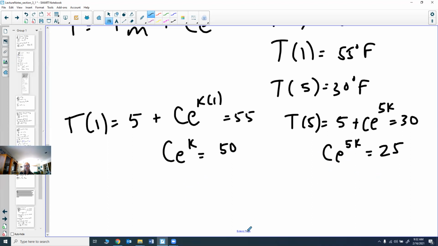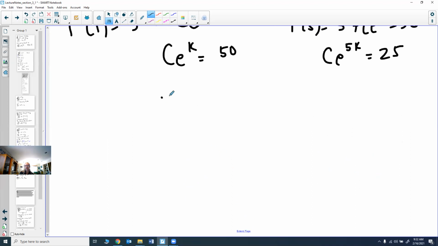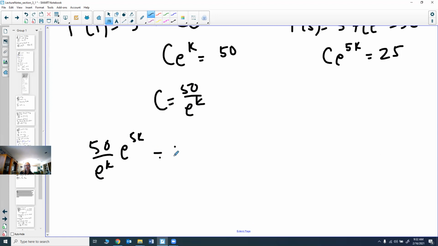Just solve one equation for one variable and stick it into the other. So actually we'll do it this way. C is equal to 50 over e^k. So we can plug that in. 50 e^(5k) over e^k equals 25.